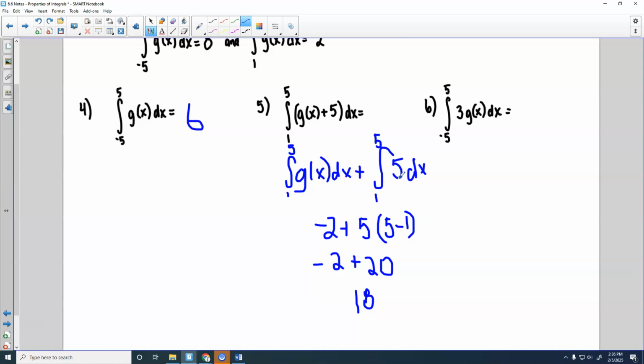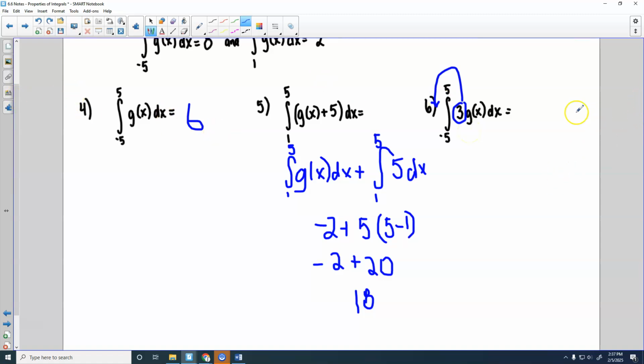What would we get for number 6? This constant is different than the constant in number 5. That's the one that goes on the outside. This constant is multiplied, so we can pull it on the outside right here, which means we'll really just have 3 times the integral from -5 to 5, which was 6.